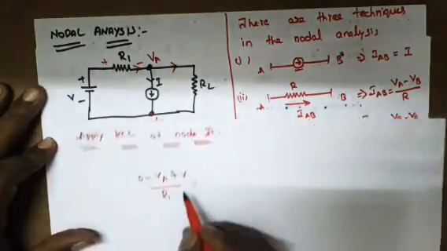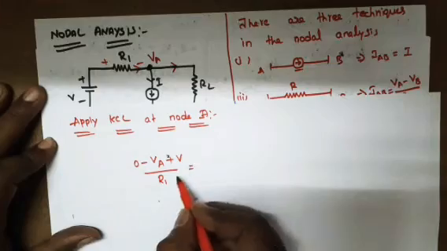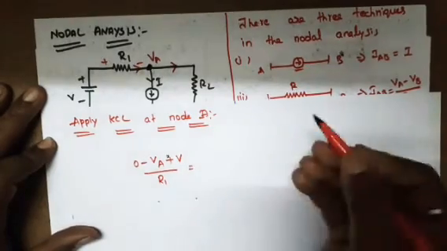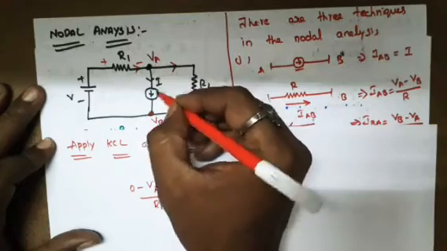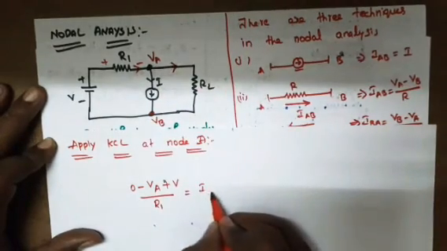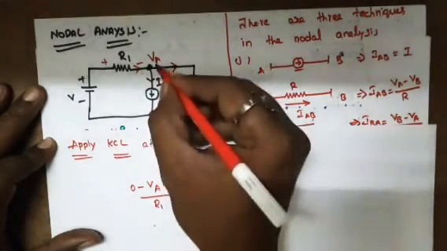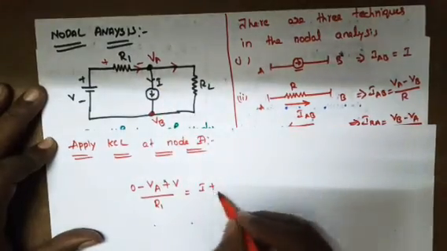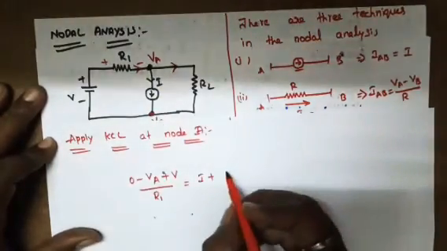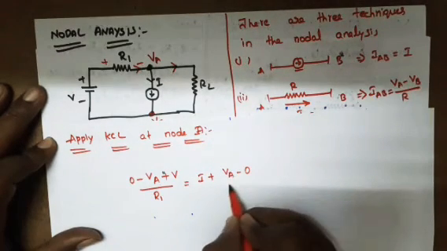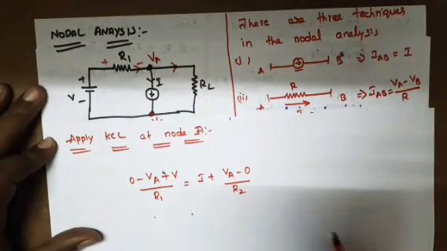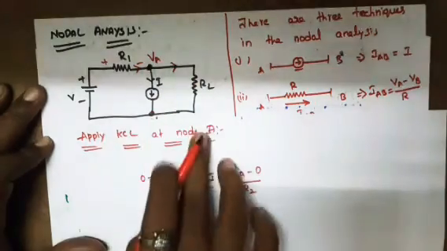Now we write the expression for the leaving current. What are the currents leaving from here? I is the current leaving from the same node, plus VA minus 0 by R2 is the current in the branch here.